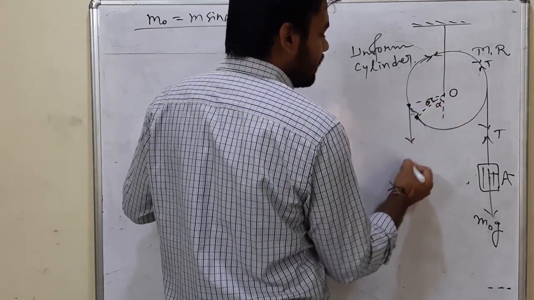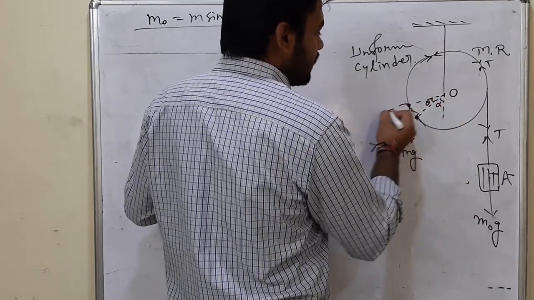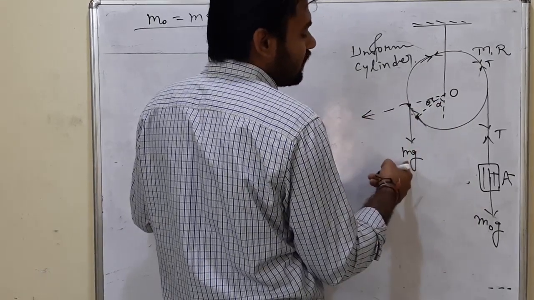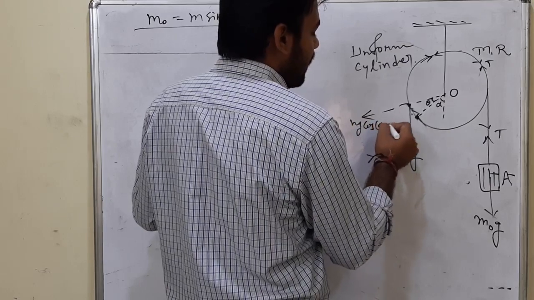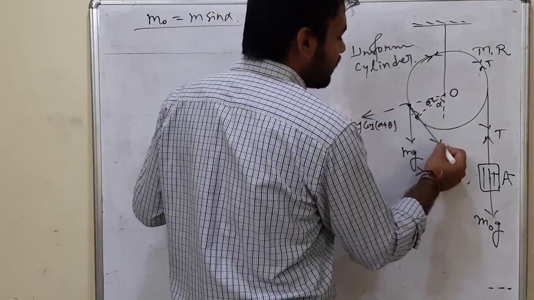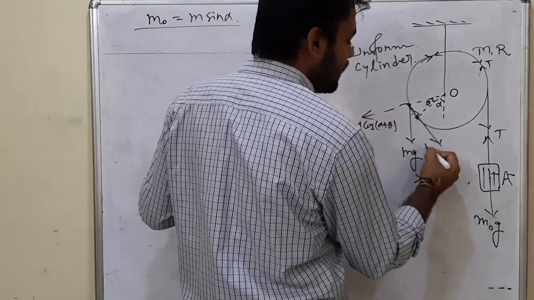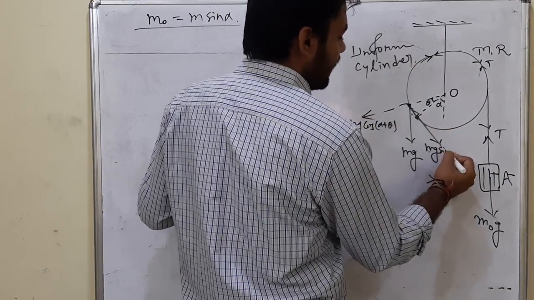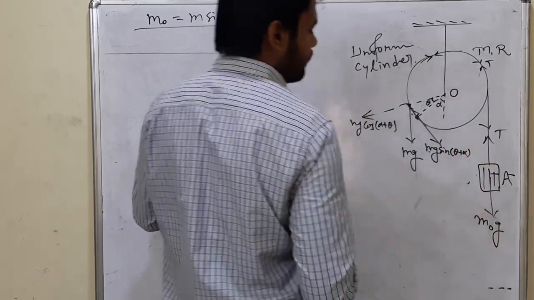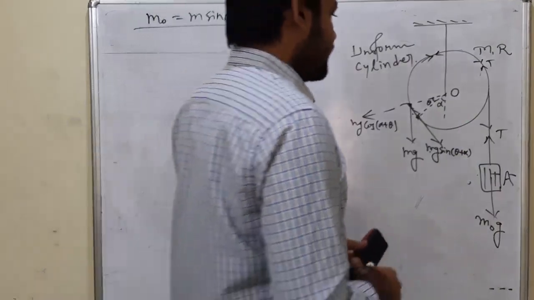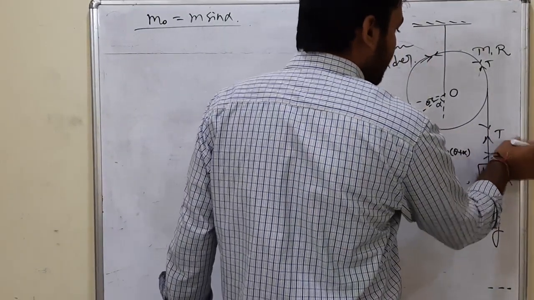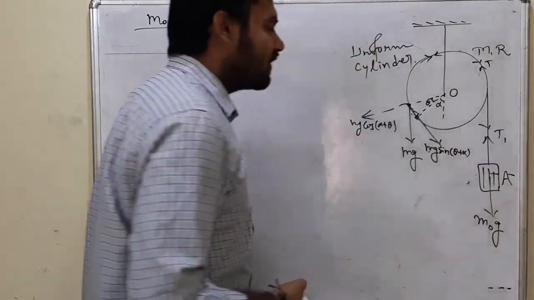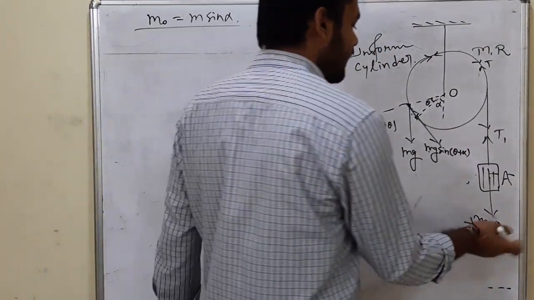So this time again it will be mg. The radial component of the force mg will be mg cos(alpha plus theta), and the tangential component will be mg sin(theta plus alpha). And the tension in this situation will be something different. Let's say the tension is T1 now, and here m0 g will be acting.